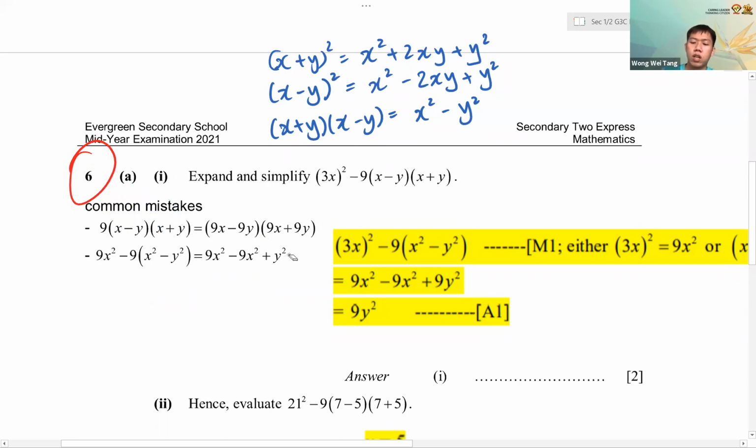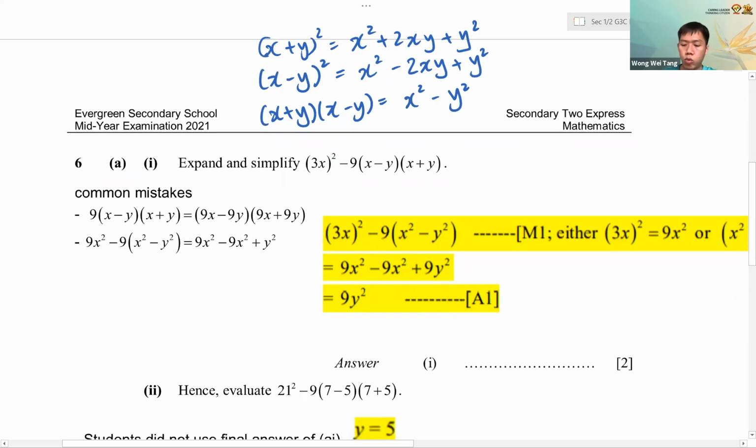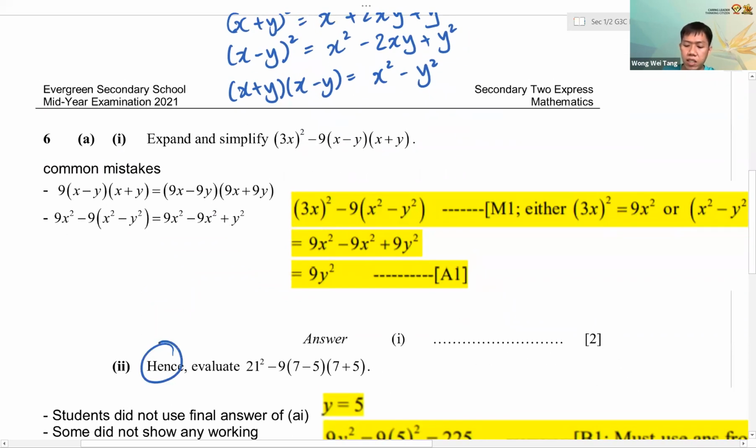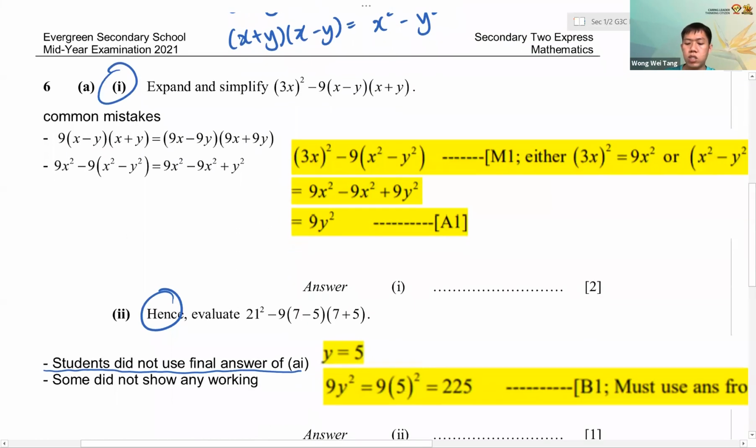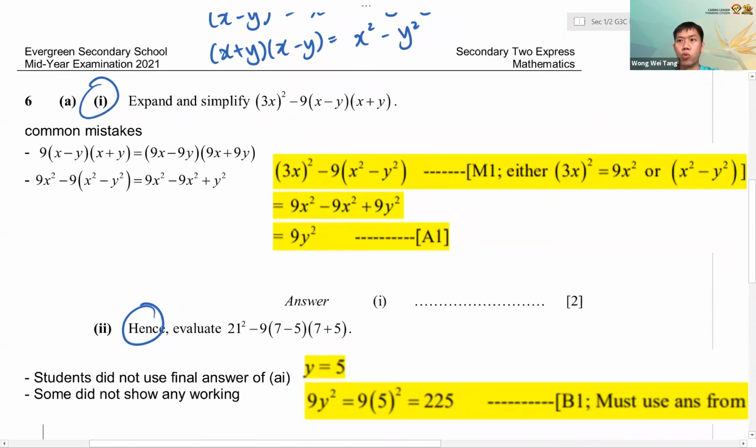Okay, now the next part, 2, hence. When they say hence, you must use the final answer from A part 1. So look at the comment from the marker. It says students did not use the final answer of A part 1. Then students did not show any working. So all this cannot. You must show the marker that you know the relationship between 6A part 1 and 6A part 2.